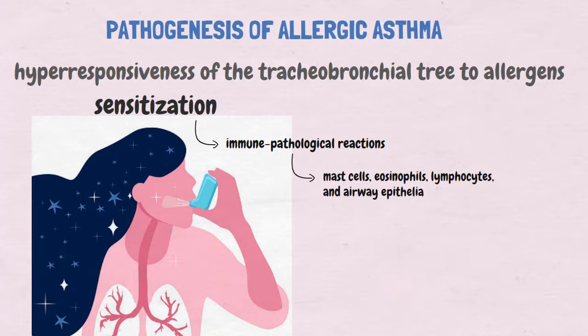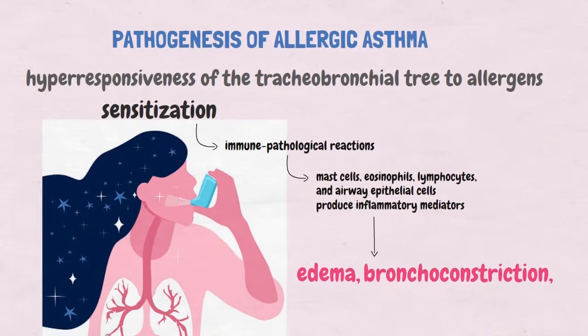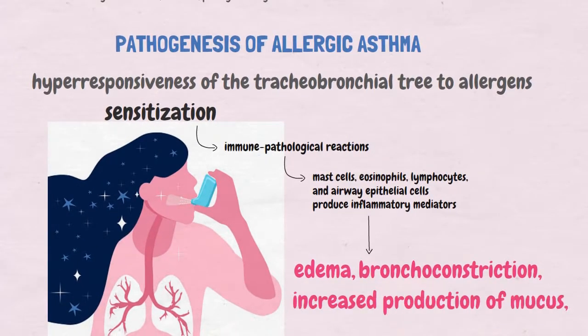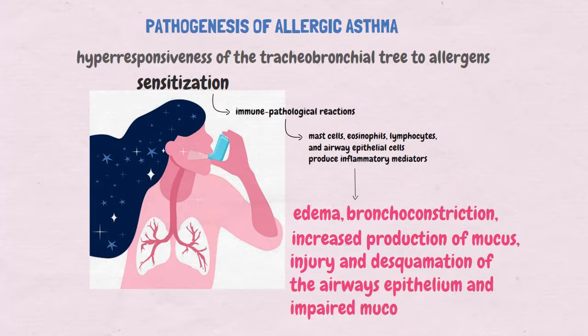These cells participate in the inflammatory response by producing inflammatory mediators, which cause edema of the mucosa of the respiratory airways, bronchoconstriction, increased production of mucus, and injury and desquamation of the airways epithelium and impaired mucociliary transport.